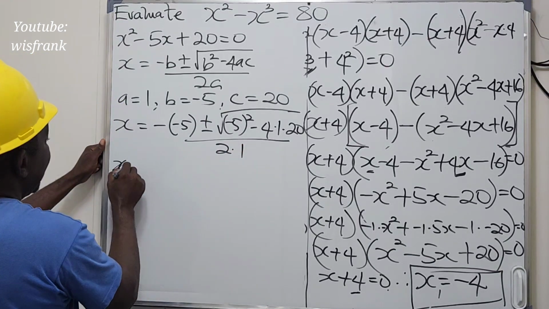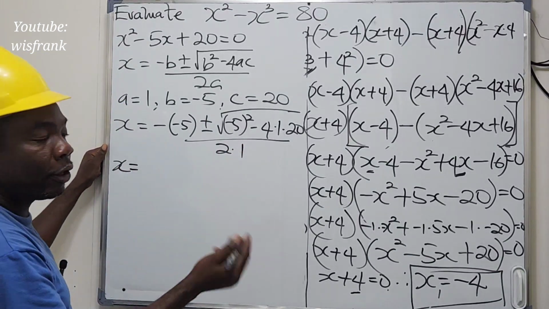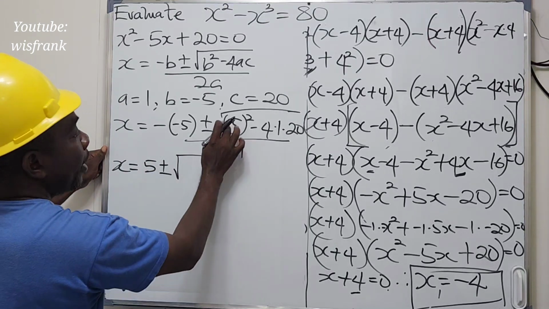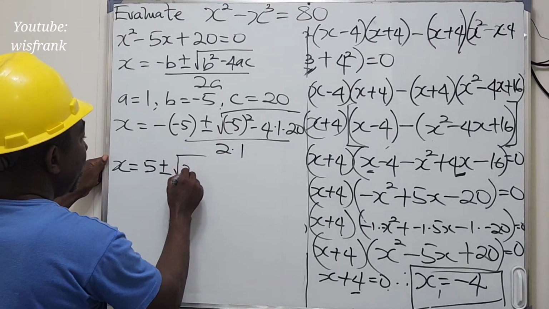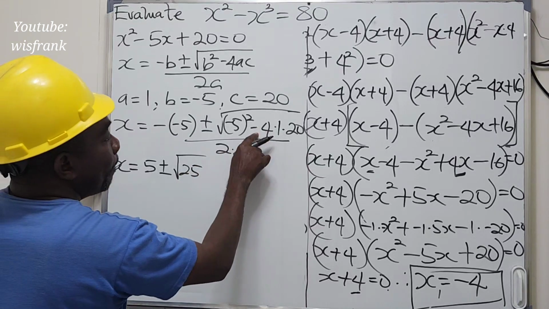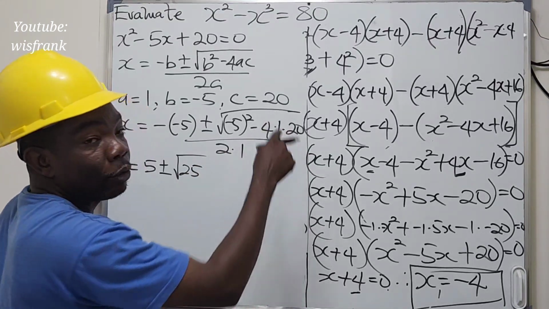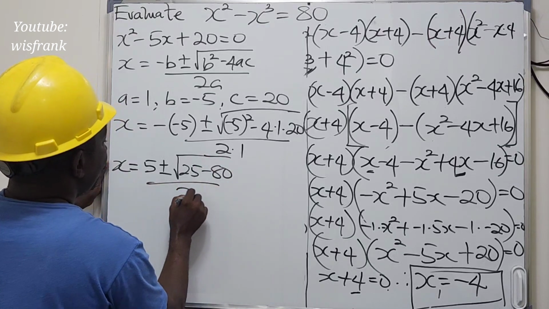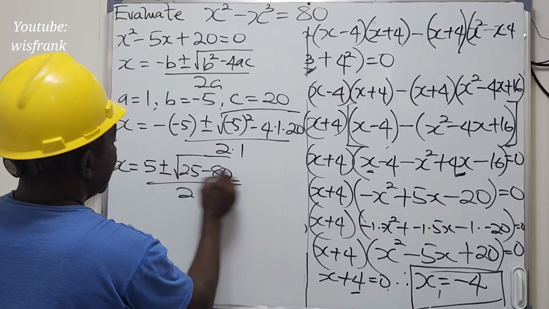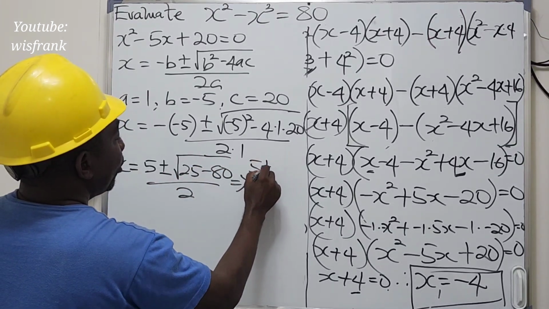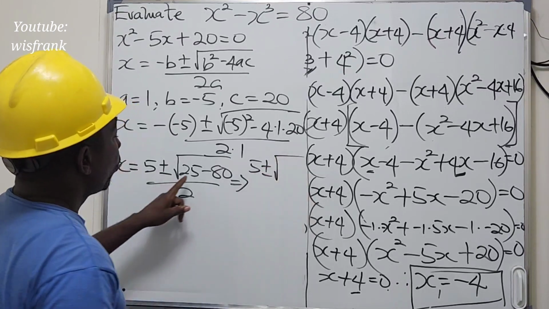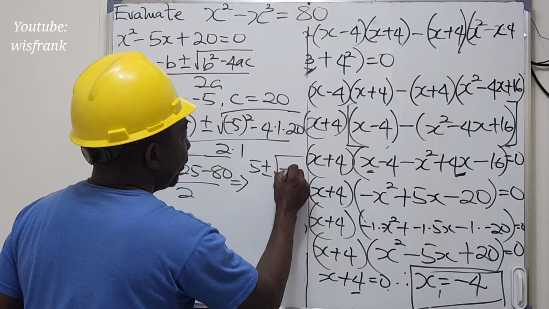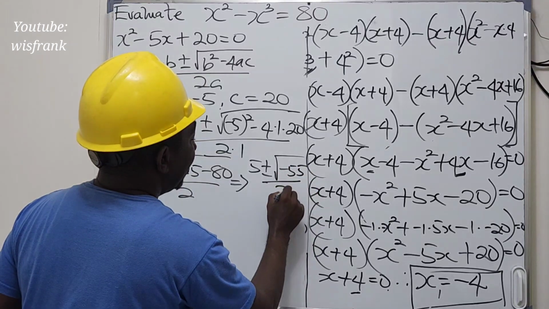So doing this, our x equals to minus times minus 5 will give us 5. Then plus or minus square root of minus 5 to the power of 2 is 25. Then we have minus 4 times 1 times 20 will give us minus 80, all over 2. This is the same thing as 5 plus or minus square root of 25 minus 80, the same thing as minus 55, all over 2.